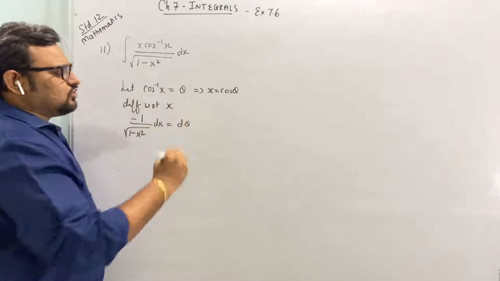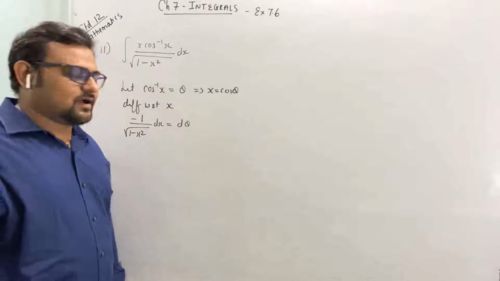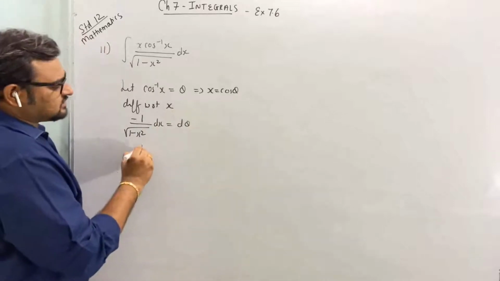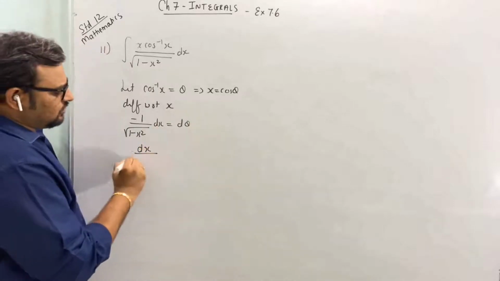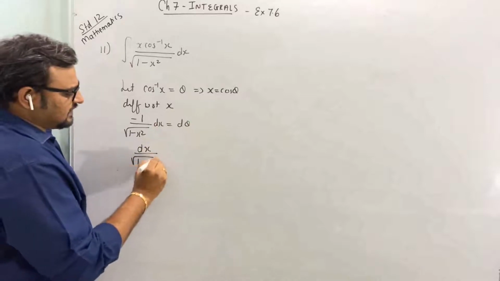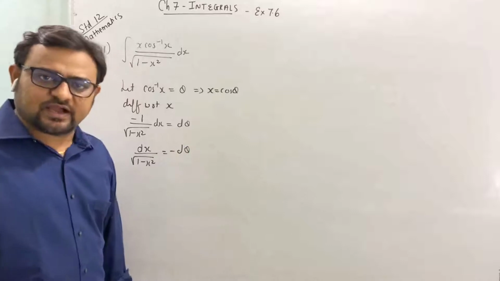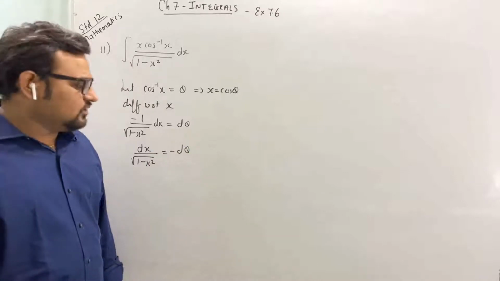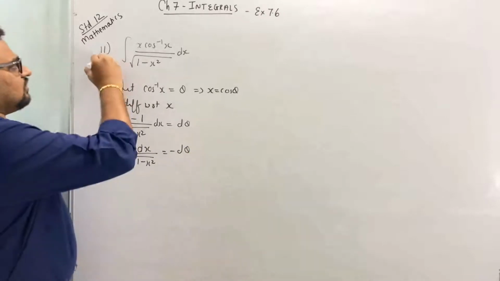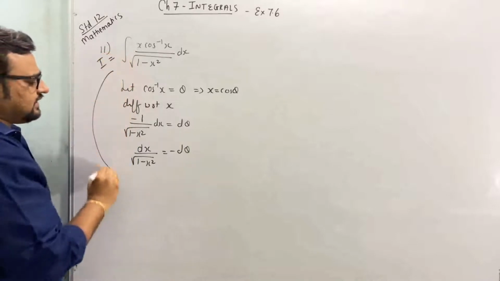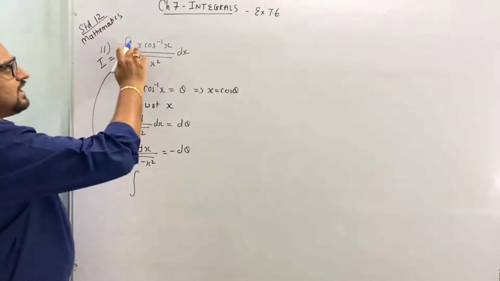This is equal to d theta. Okay. So dx upon root of 1 minus x square equal to minus d theta. Clear? Okay. So now our integral will be equal to x.